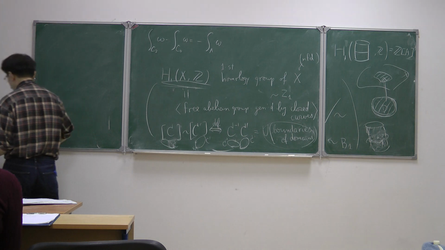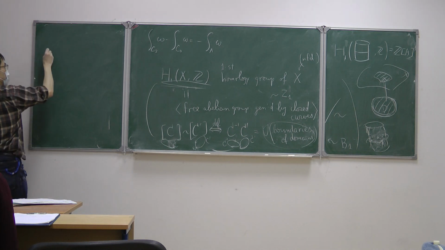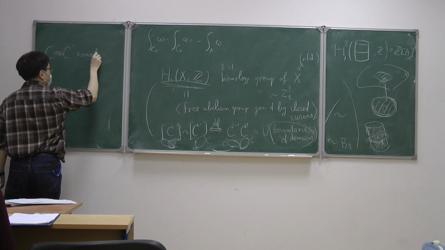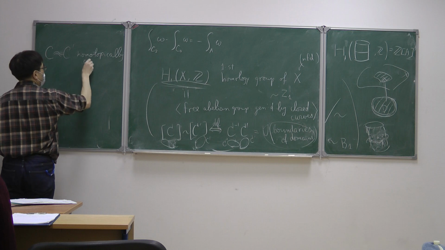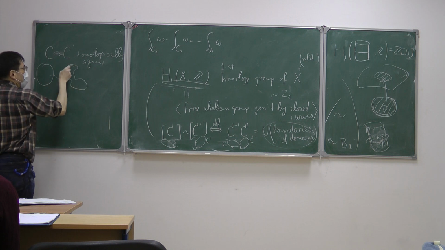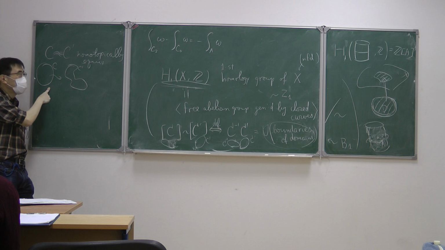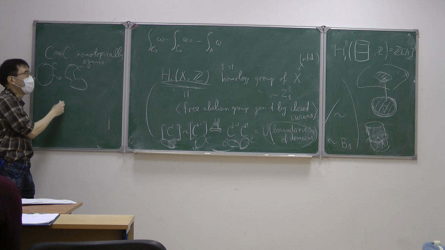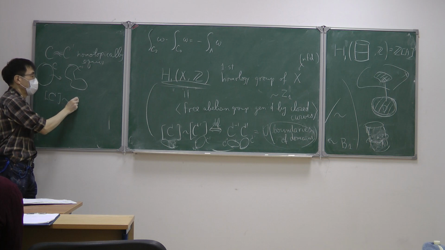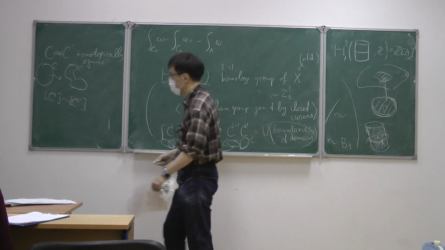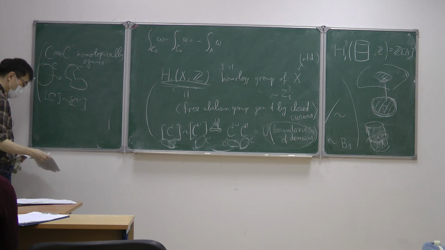So I don't want to make a lecture on topology. Just, if two closed curves are homotopically equivalent, which means that we can continuously deform closed curve C to this closed curve C prime, then these two curves are equivalent in this sense.